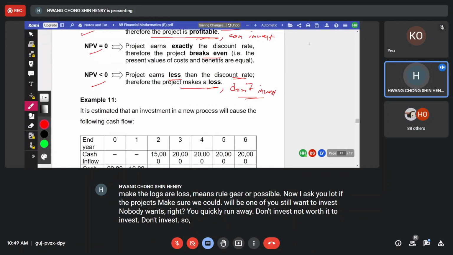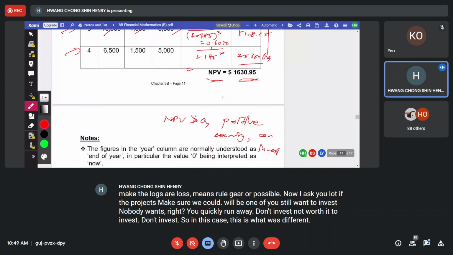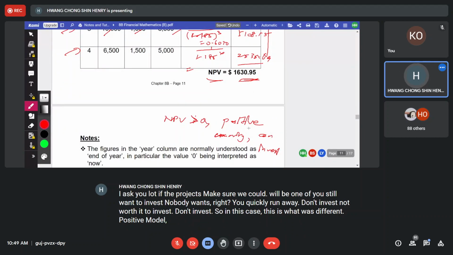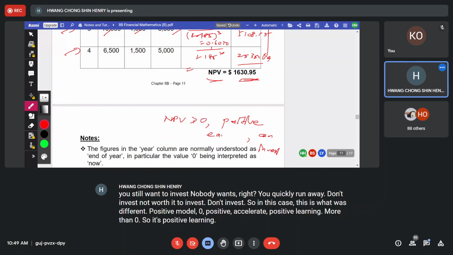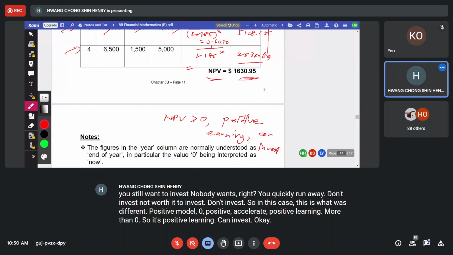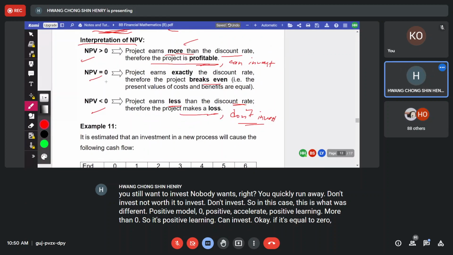So in this case, this is positive, right? Positive, more than 0, positive earning, so can invest. If it's equal to 0, what does that mean?